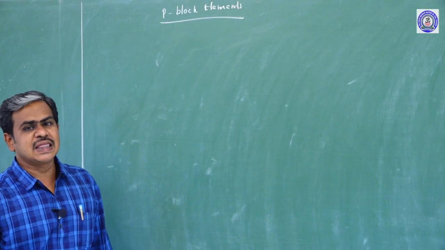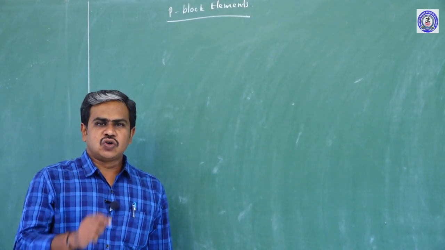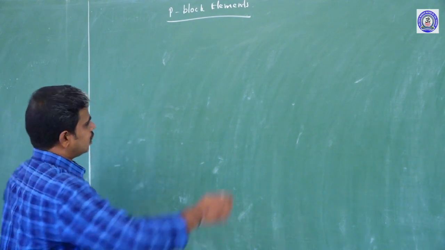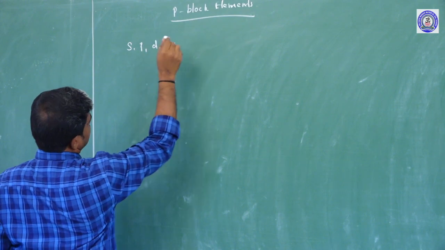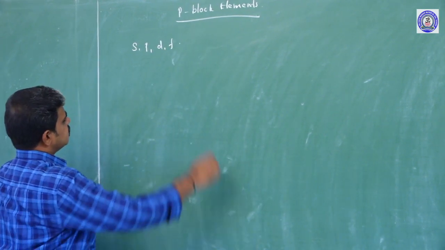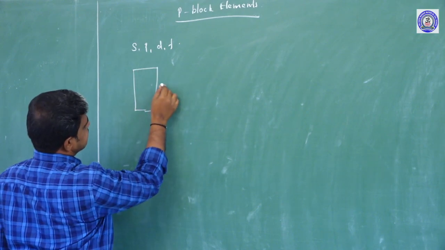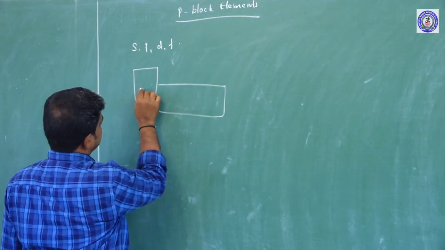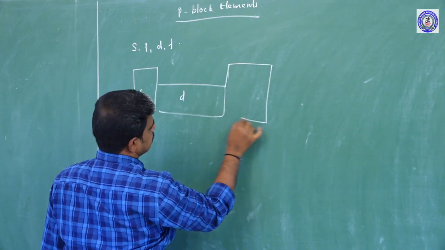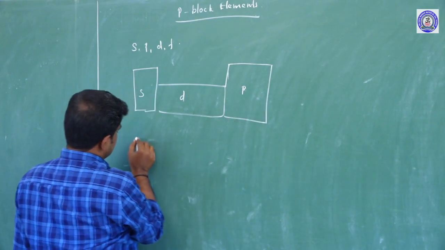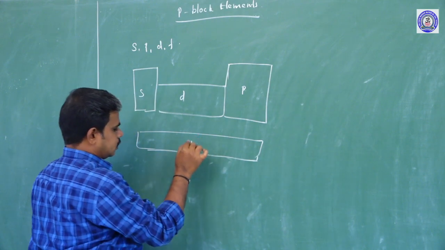You know that in the periodic classification, elements are classified into 4 blocks. What are they? That is S, P, D and F. Suppose in the periodic table, here it is S block and D block, and here it is P block, and here it is F block.